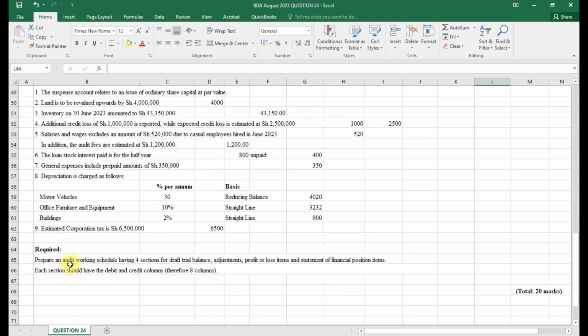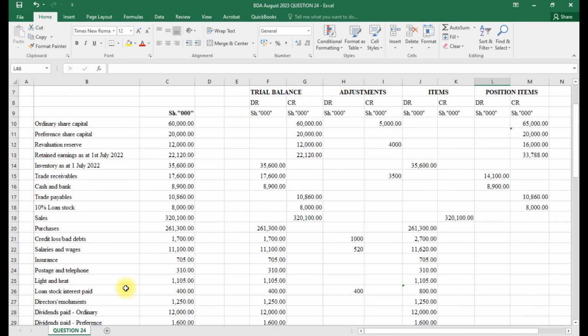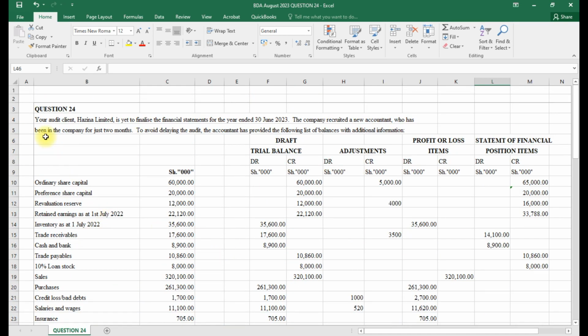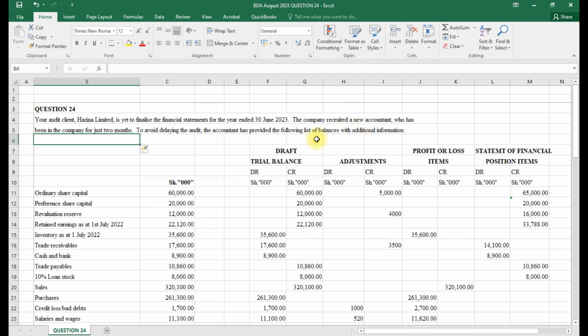You prepare an audit working schedule having 4 sections for draft, trial balance, adjustment, all those. Each section should have a debit. So this is audit working schedule. Yeah, audit working schedule. I will include a row here, so that I can write my audit working schedule.